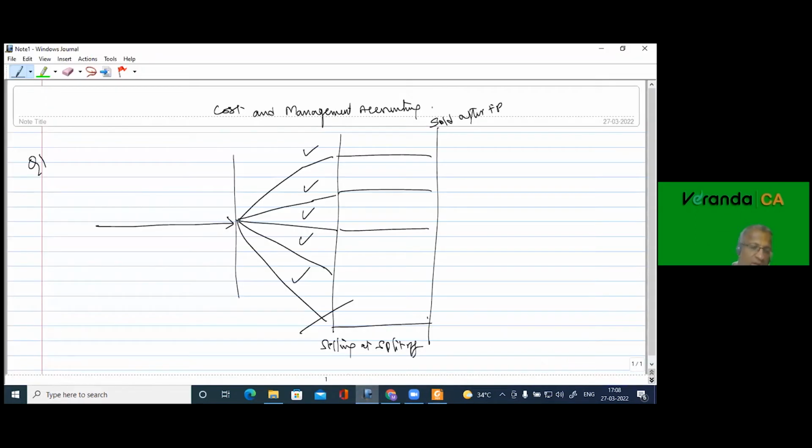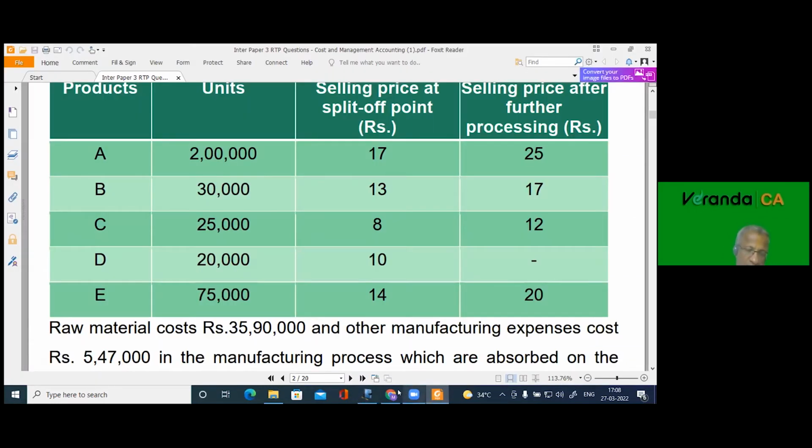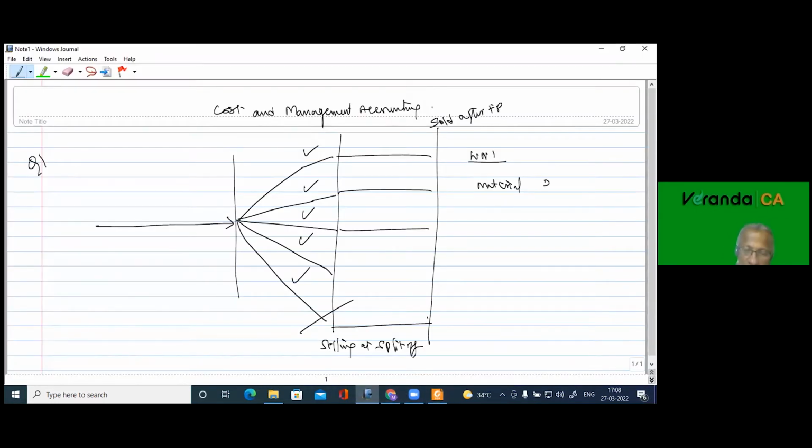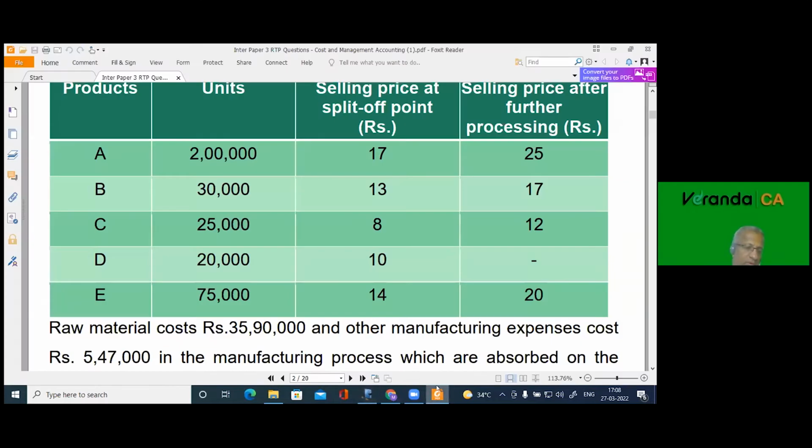The joint process cost, working number 1, is material, which costs us 35 lakhs 90,000. Then 5 lakh and 47,000 for other conversion cost. All that together comes to 41 lakhs and 37,000. So how do we distribute that?